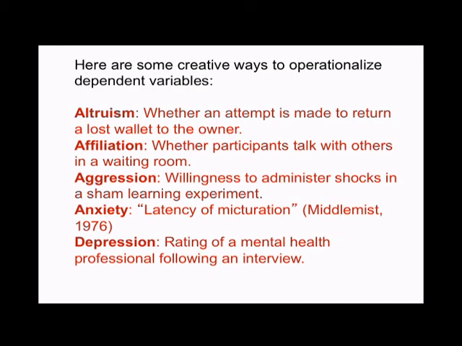Altruism. We want to see how altruistic people are. One thing you can do is give people a psychological scale, say rate how altruistic you are, what would you do in these situations, but people will probably exaggerate.